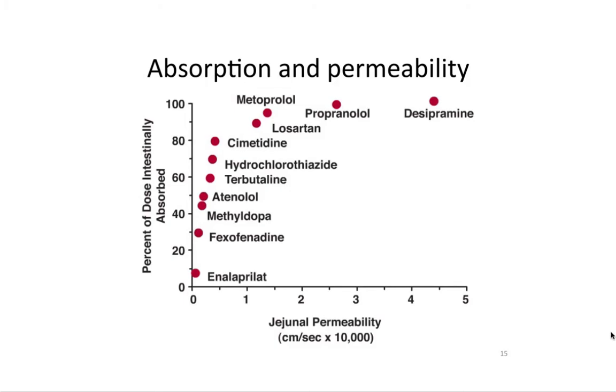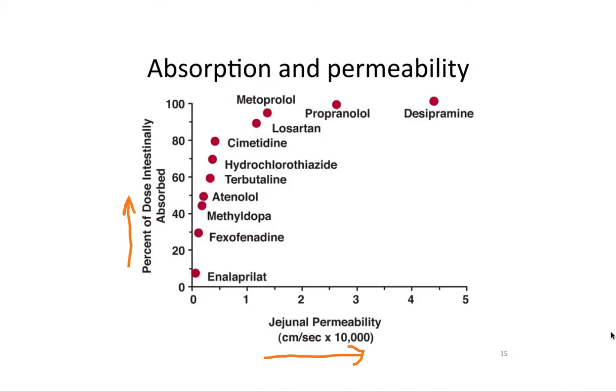Here is some very interesting data that shows the fraction of a dose that is intestinally absorbed after oral administration versus human jejunal permeability. The percent of dose intestinally absorbed is plotted on the y-axis, and jejunal permeability in centimeters per second times 10,000 is plotted on the x-axis.